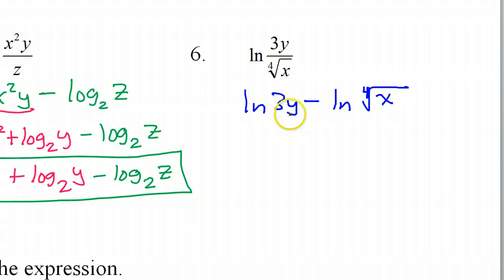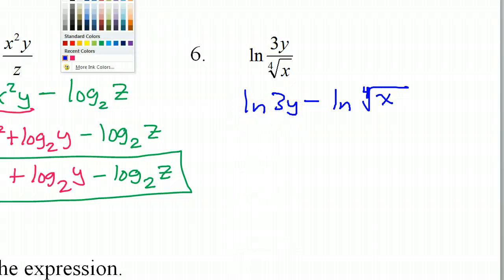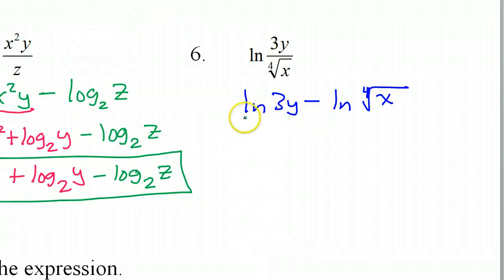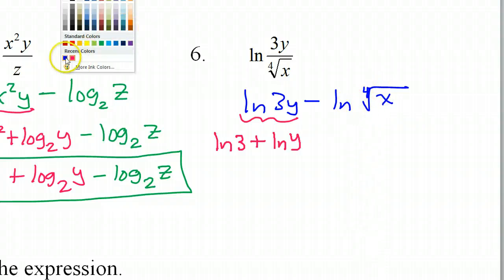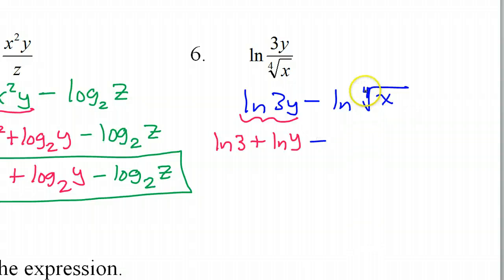Okay, so there's a couple of different things we can do. This part can expand further using the product property. So this will expand as the natural log of 3 plus the natural log of y, using the product property. And meanwhile, this part over here, just understand that the fourth root is the same thing as x to the 1/4 power.